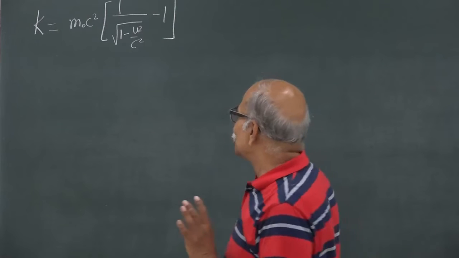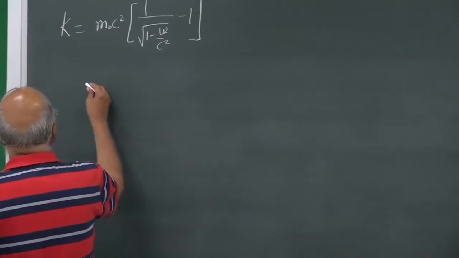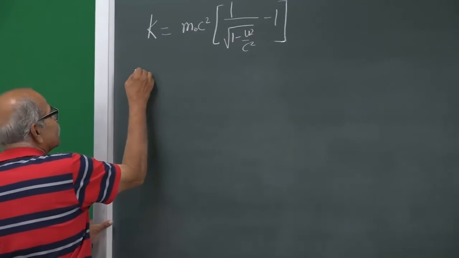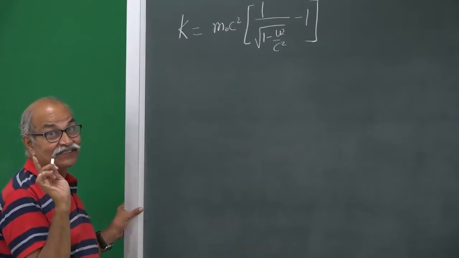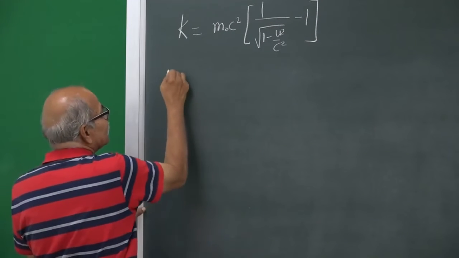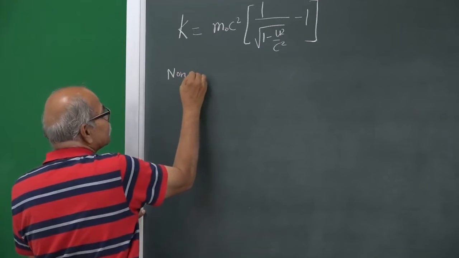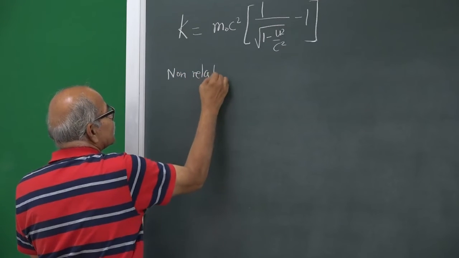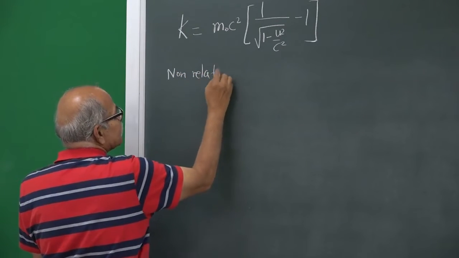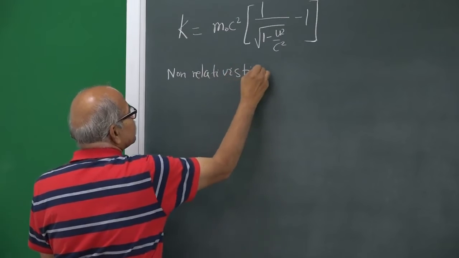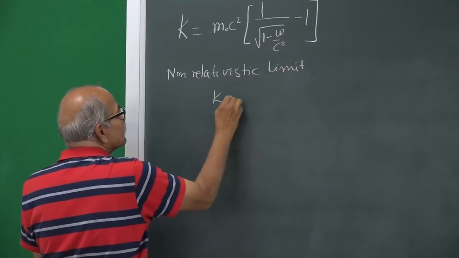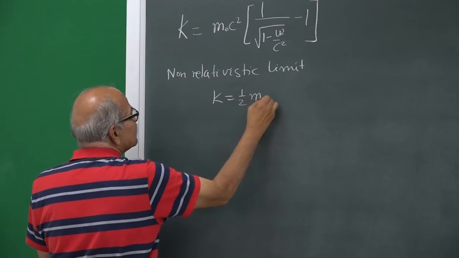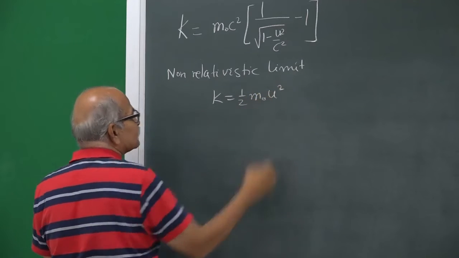Okay. So be very clear about this, that your so called relativistic mass will not work here. In the non-relativistic limit, k is equal to half m naught v square.